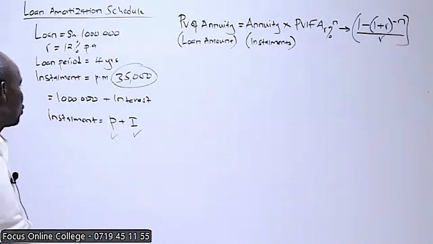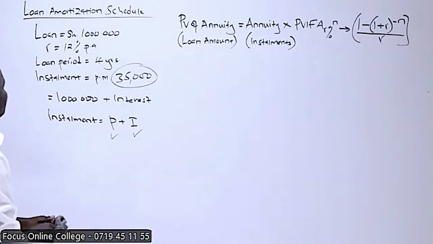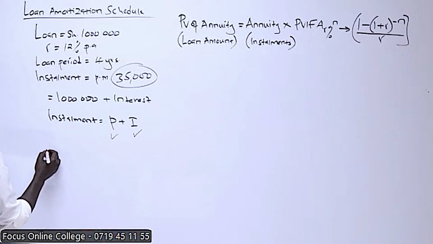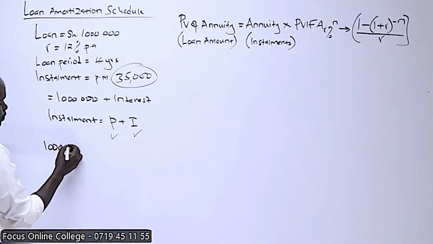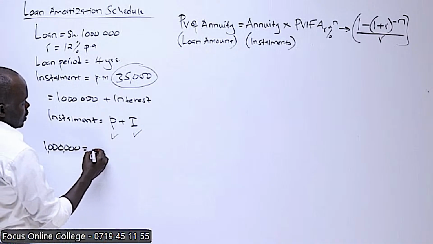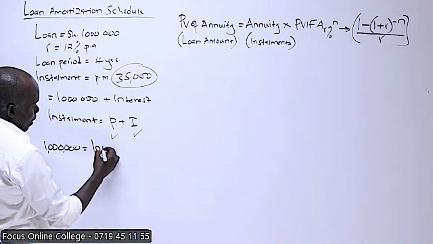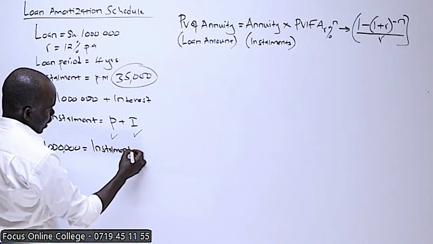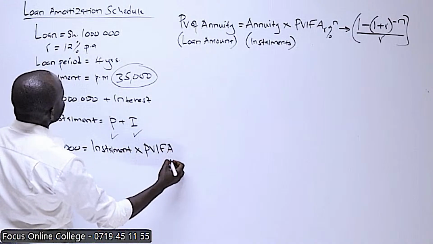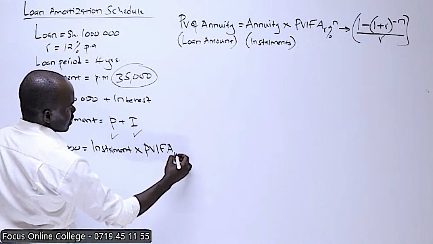So if we were to do this question, for this example, we would say 1 million is equals to installments times present value interest factor annuity 12%.